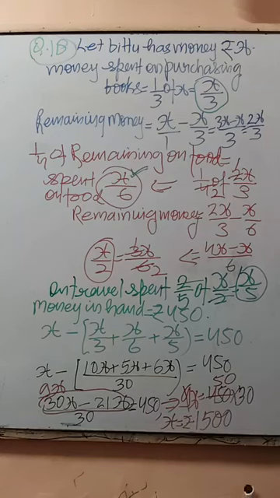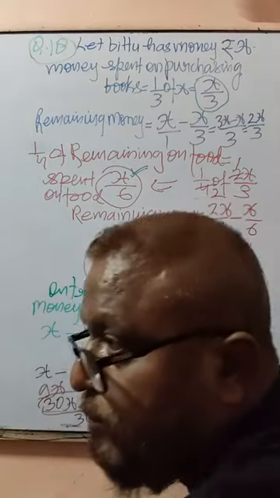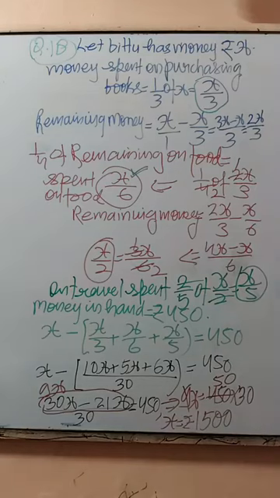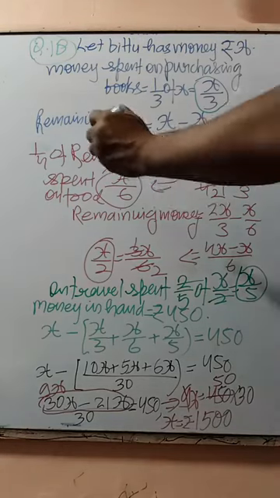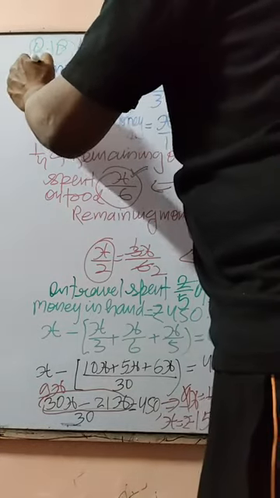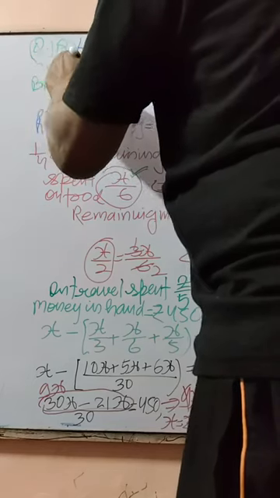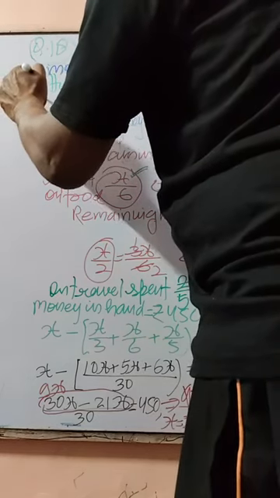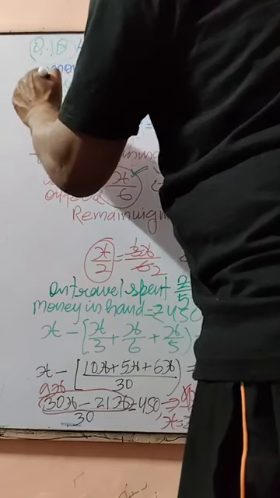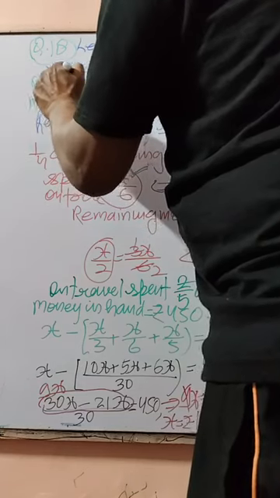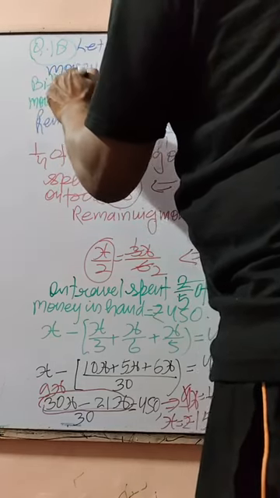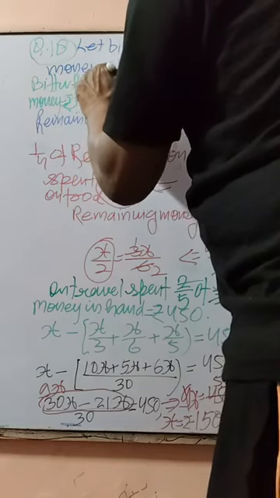So it means Bittu has money equal to rupees X, or rupees 1500.